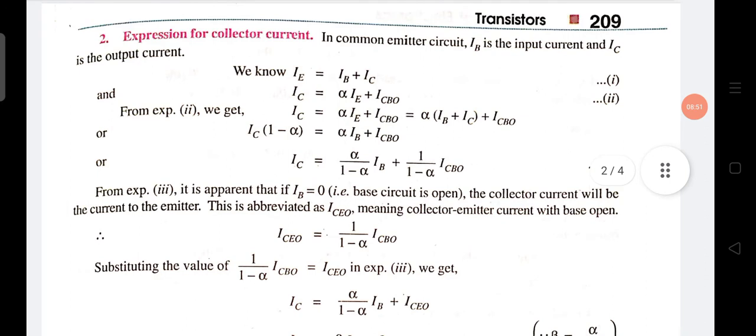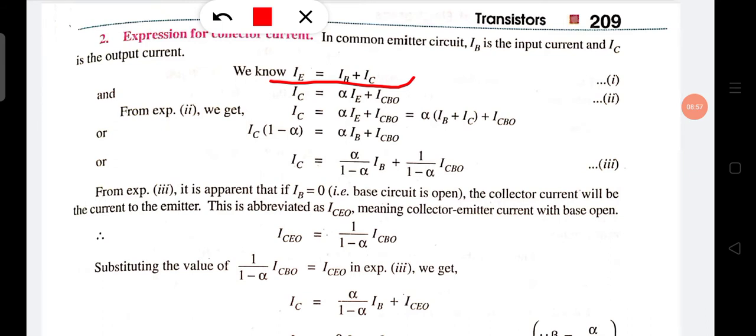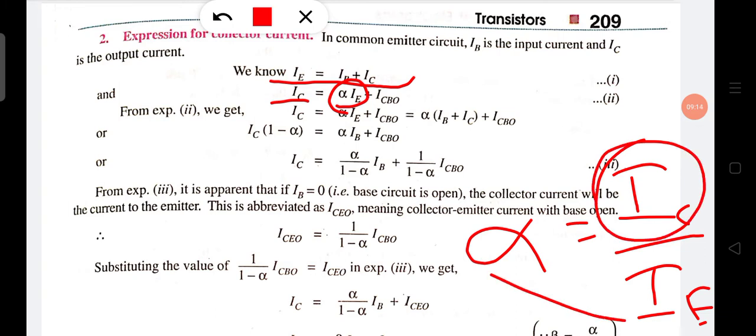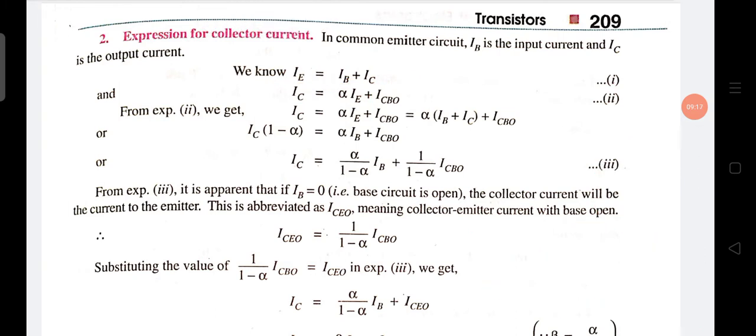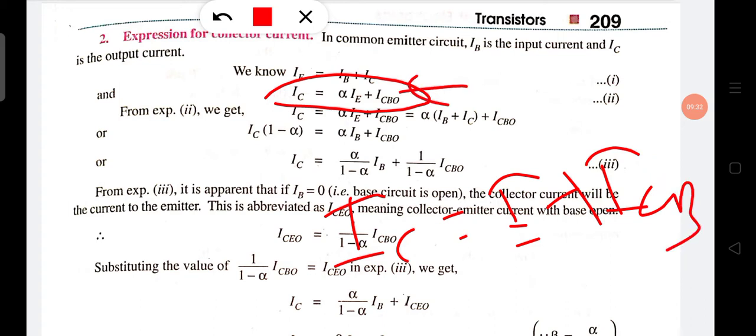You can understand this collector current: IE equal to IB plus IC. Previously we know that IC equal to alpha IE, since alpha equal to IC by IE. This we also know from common base. We also know that IC equal to alpha IE plus ICBO, where ICBO is a leakage current, as I told you in the previous class.